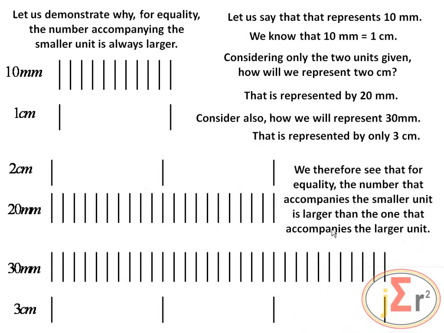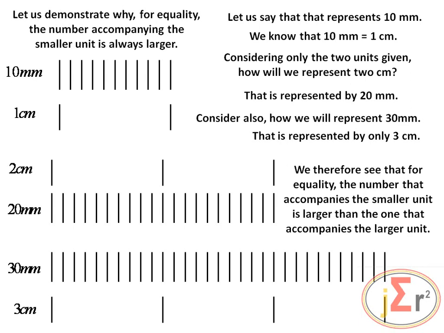We therefore see that for equality, the number that accompanies the smaller unit is larger than the one that accompanies the larger unit. If we have to strike equality, then we will have to use a lot of the smaller ones and a small number of the larger ones. Therefore, when we are looking at the conversion from kilometers to centimeters, the number accompanying the centimeters has to be larger because the centimeter is the smaller unit.